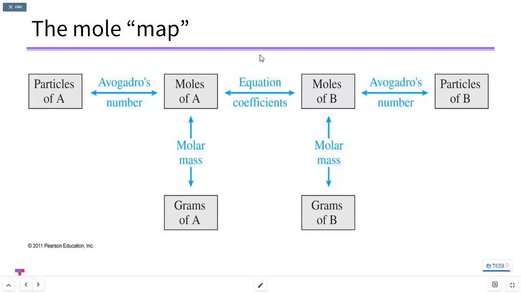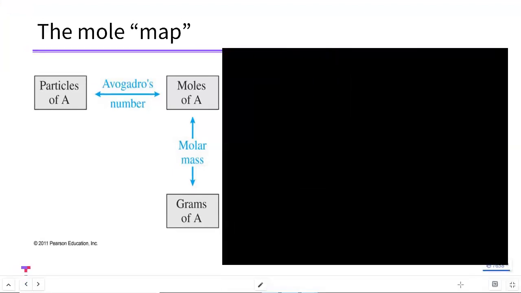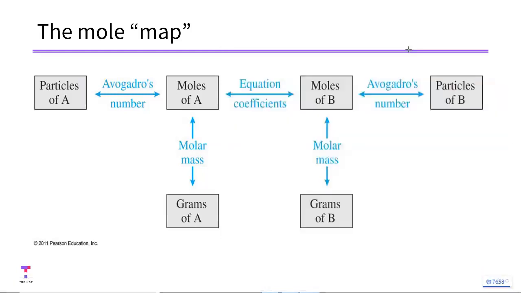Now, we had a slight version of this in Module 2. It looked like that, where all we were doing was connecting moles of substances to grams of that substance or to particles of that substance. Like I said, the only thing that we are doing differently here is we're connecting one substance to another using the balanced chemical equation.